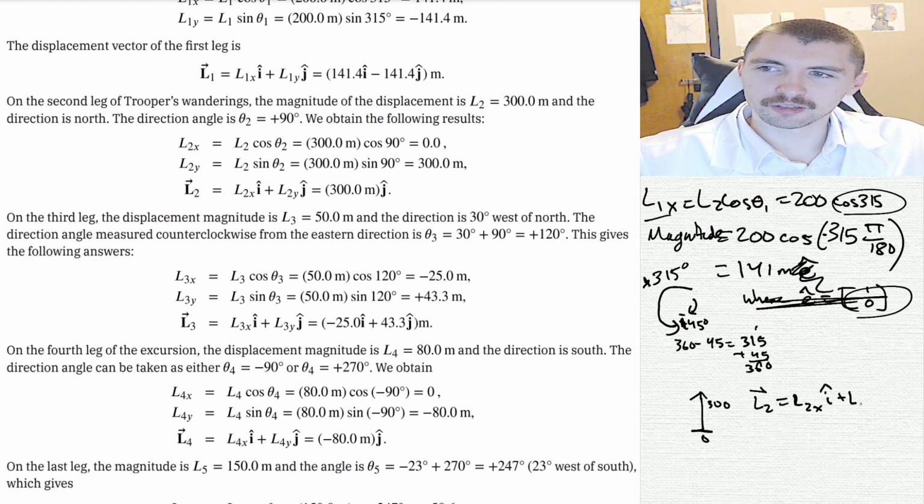And then you're taking it times the magnitude of the y times another direction vector.